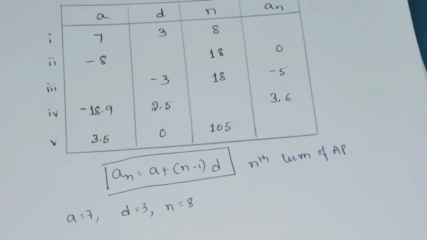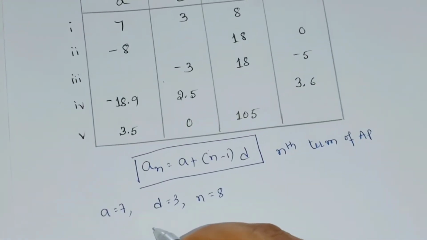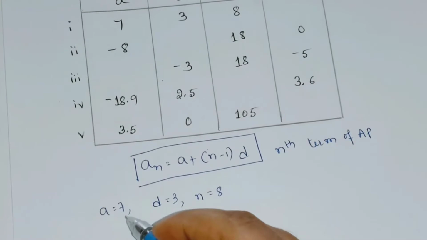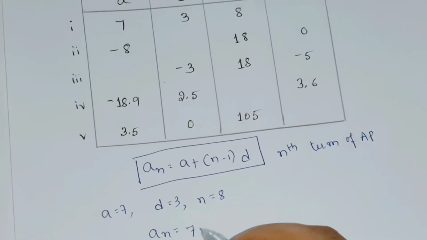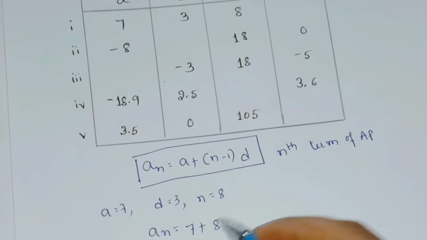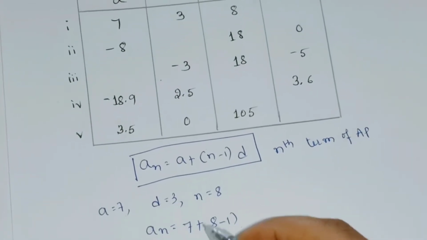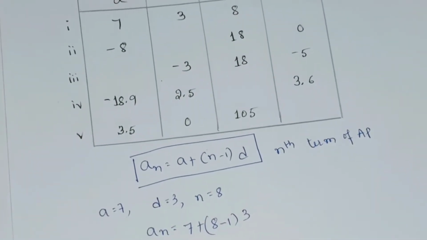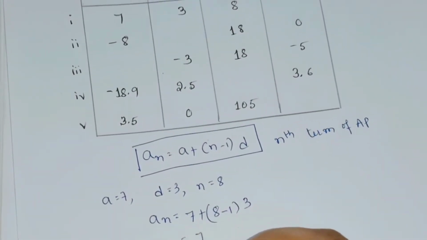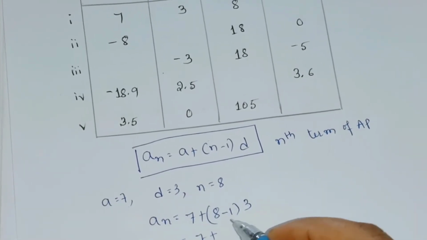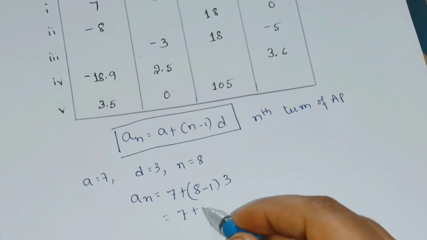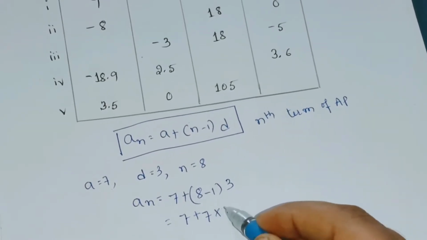Substitute these values. an is equal to a, which is 7, plus n, which is 8, minus 1, into 3. Now 7 as it is, plus 8 minus 1 is 7, into 3.